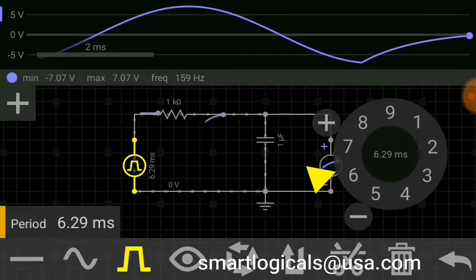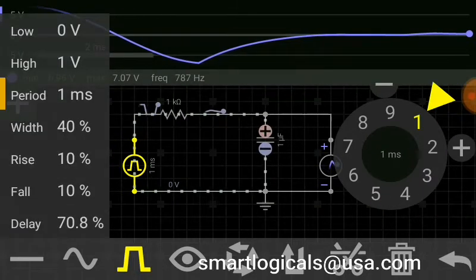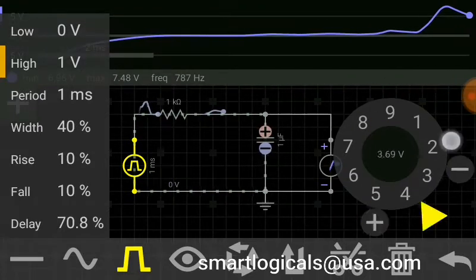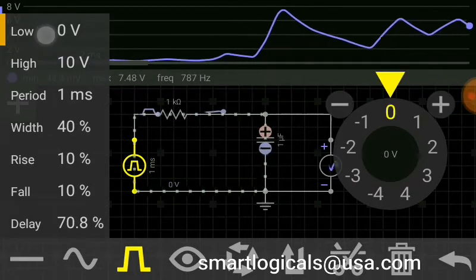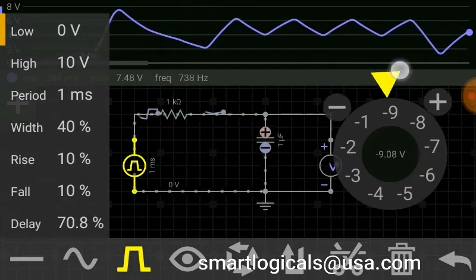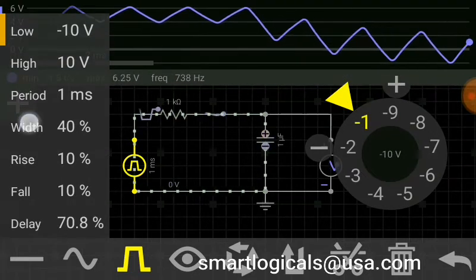The square wave time period will be 1 millisecond, and the peak to peak voltage will be 10 to minus 10 volts.